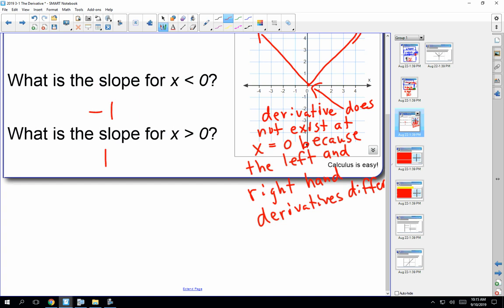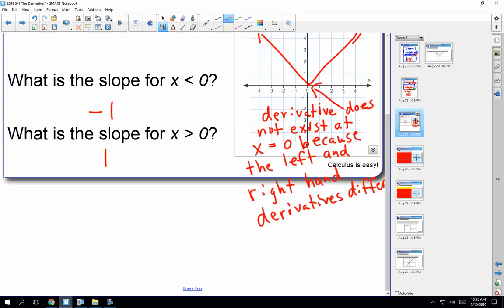So look at this. You can't plug in that point because that's the problem point. But you can find the derivative function, and then you can plug in negative one. Yeah, that's true.